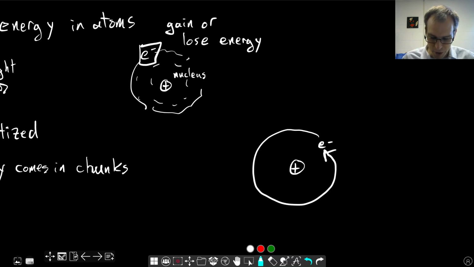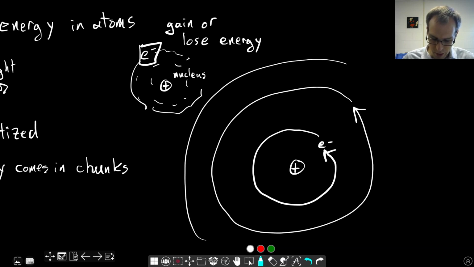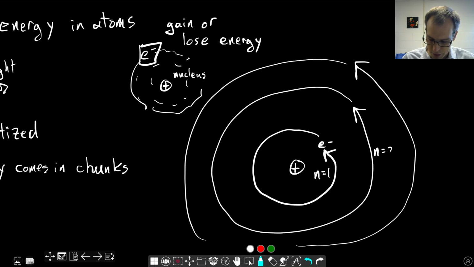And Bohr proposed that this electron could orbit the nucleus only at specific distances. And we can label these with a number, n. So we could call this closest one n equals 1, then n equals 2, then n equals 3. We're going to see this is what is called a quantum number show up later.